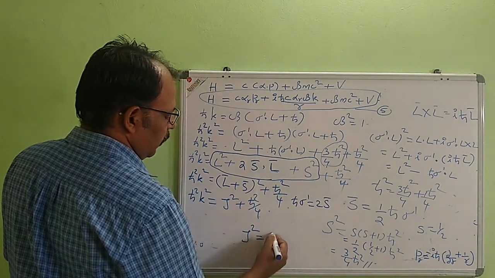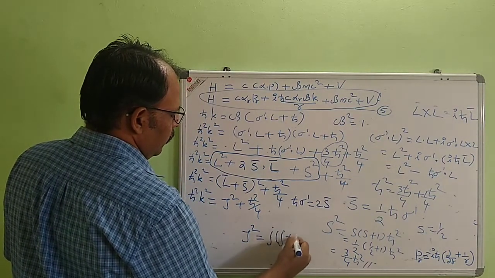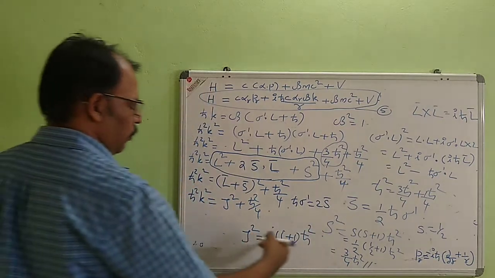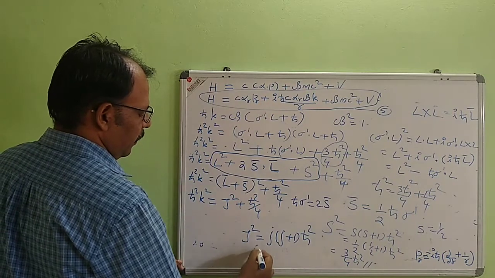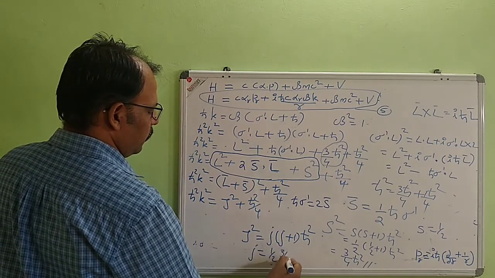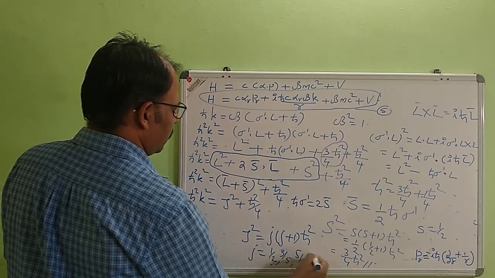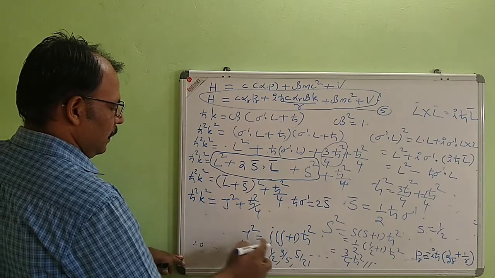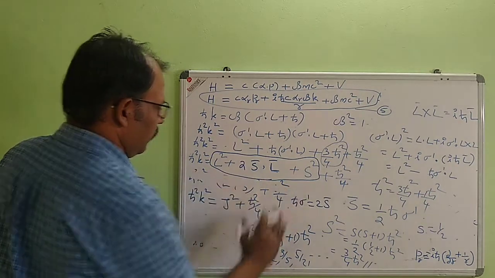Its value is j square equal to j into j plus 1 h bar square, where j is half integral value 1 by 2, 3 by 2, 5 by 2, etc. So this j square we can write as j into j plus 1. I am writing here.